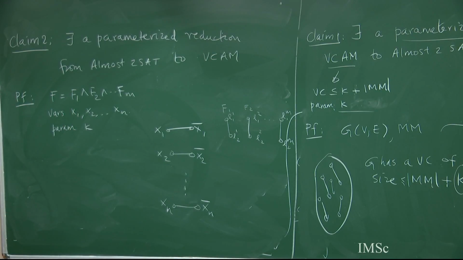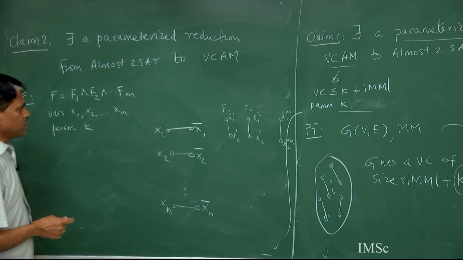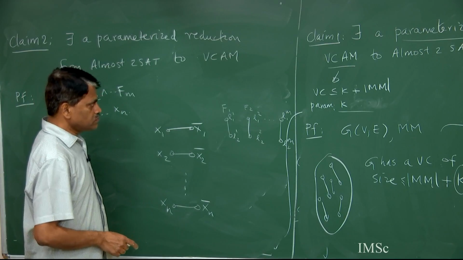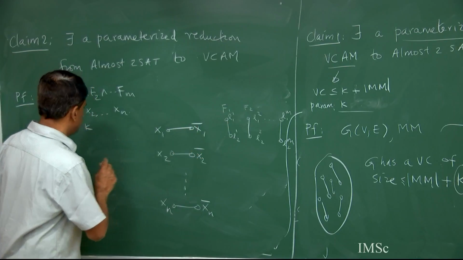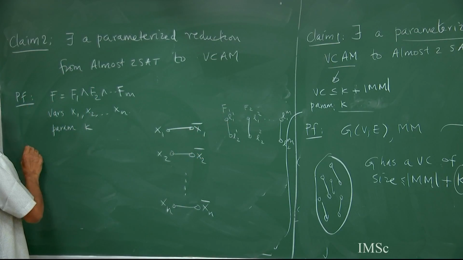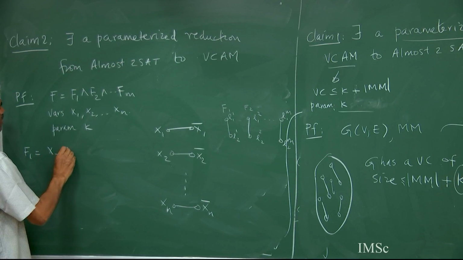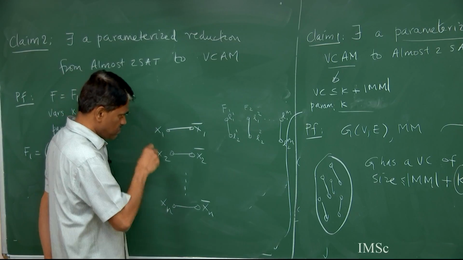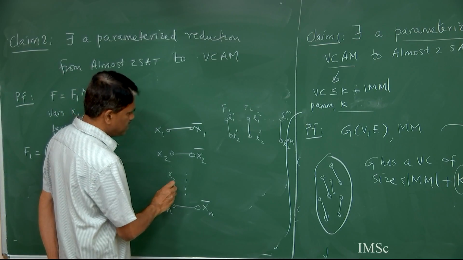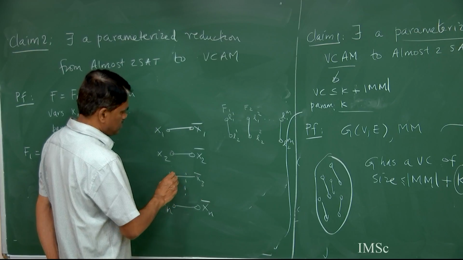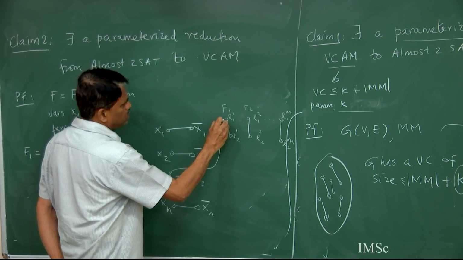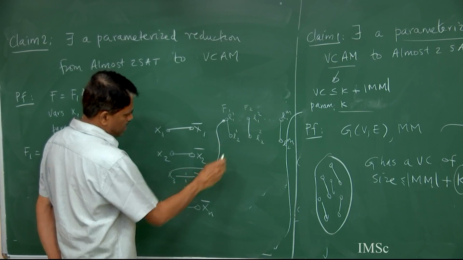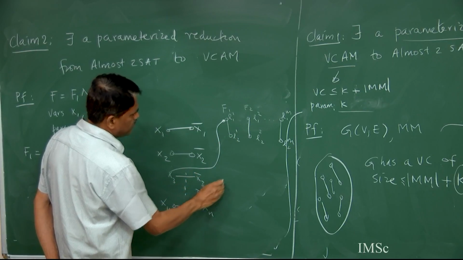In fact, I am going to do more. There is a natural connection between the clauses and the variables. For example, if F1 happens to be, let us say, x3 or x5 bar, then I will have my x3 joined to L11 and x5 bar joined to L12.